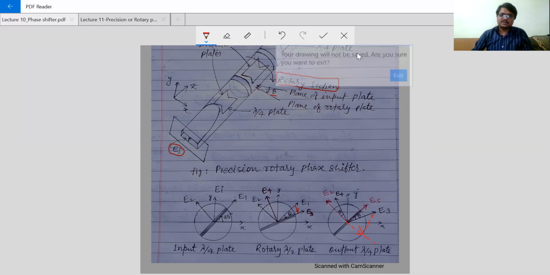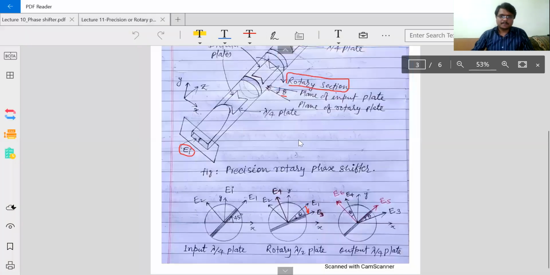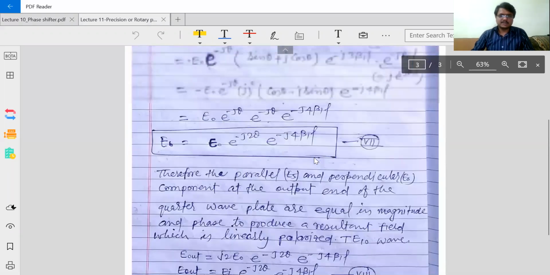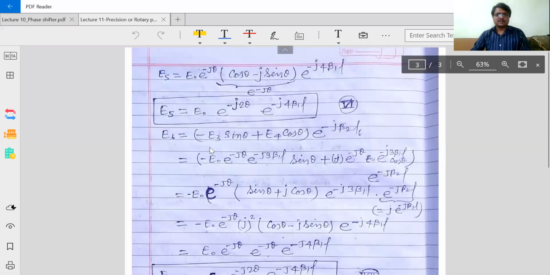Okay, so let us see. Exactly this one: minus E3 sin theta plus E4 cos theta, and e to the power minus j beta 2l. Beta 2l, because this E6 is perpendicular to the plate and it is traveling through the air medium, and the propagation constant of the air medium is beta 2.